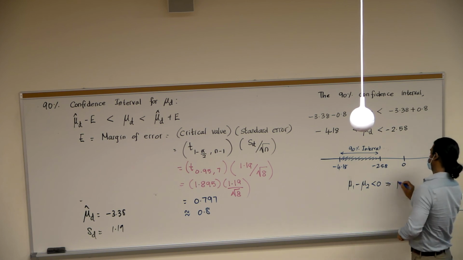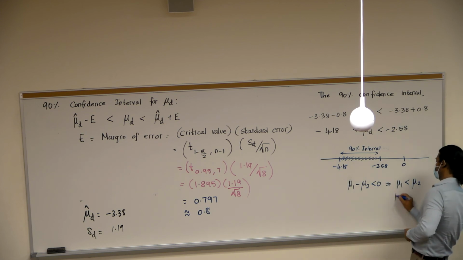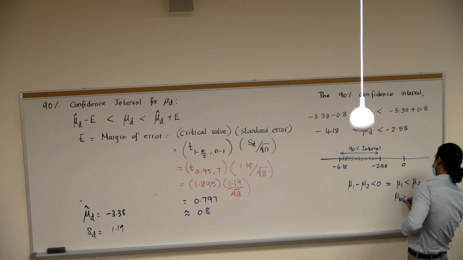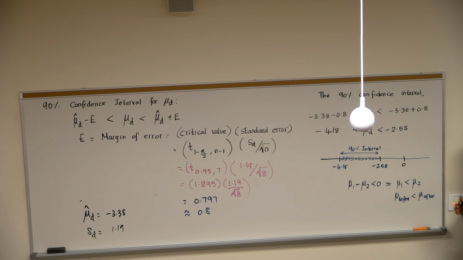So that would imply mu1 is less than mu2. In other words, mu before is less than mu after, which is the same as saying that they're not the same. And by all means, the excitement level after the roller coaster ride is bigger than the excitement level before the roller coaster ride. Does that make sense?